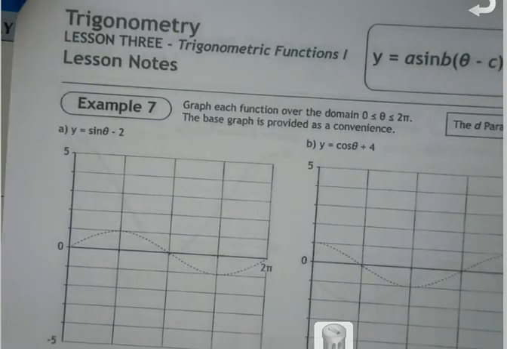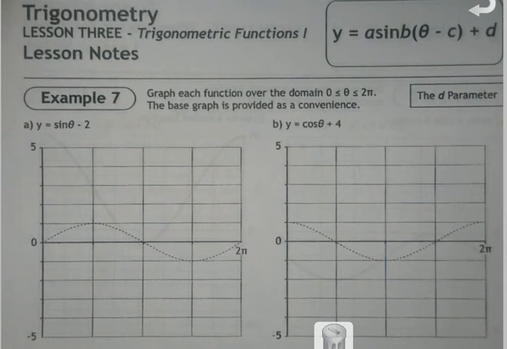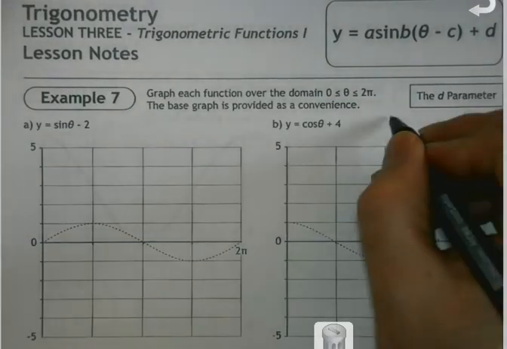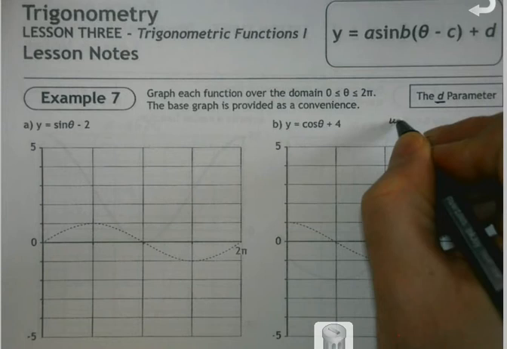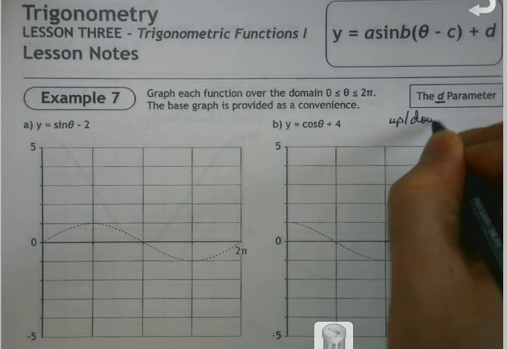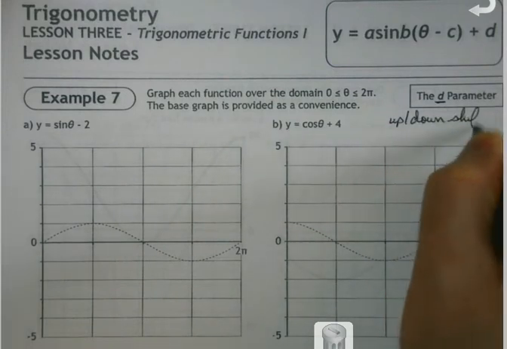All right. So we are going to flip over here to example 7, well, at least the example 7 page. And we're going to start talking about this D parameter. Now, this D parameter is going to be our up and down shifts.